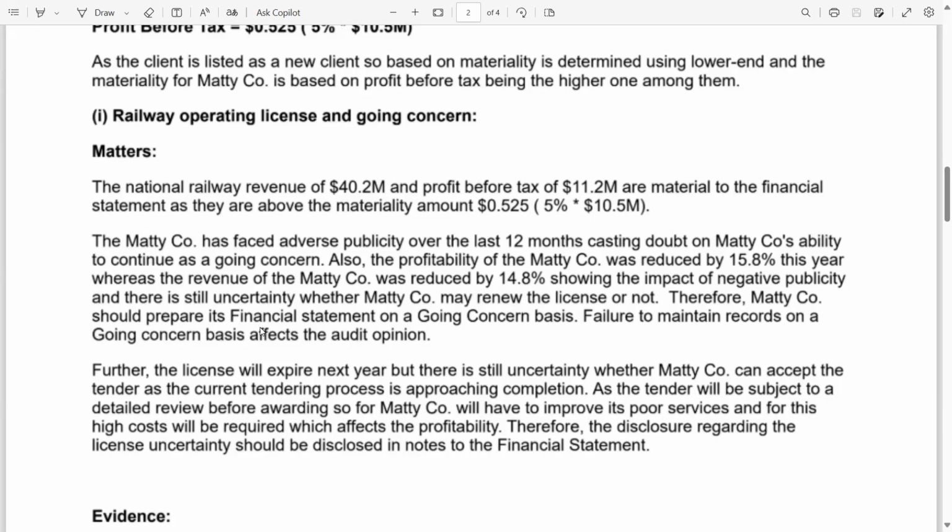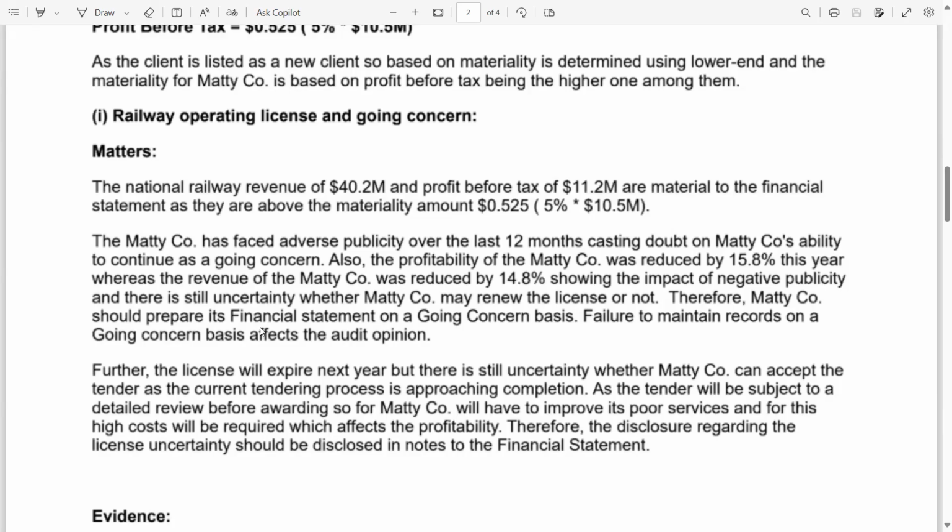Also, the profitability of the Matty company was reduced by 15.8% this year, whereas the revenue of the Matty company was reduced by 14.8%, showing the impact of negative publicity, and there is still uncertainty whether Matty company may renew the license or not. Look how I link the reduction in the profitability and the revenue with the negative publicity issues and the uncertainty about renewing the Matty company license.